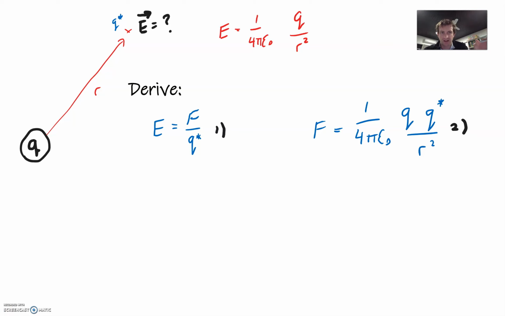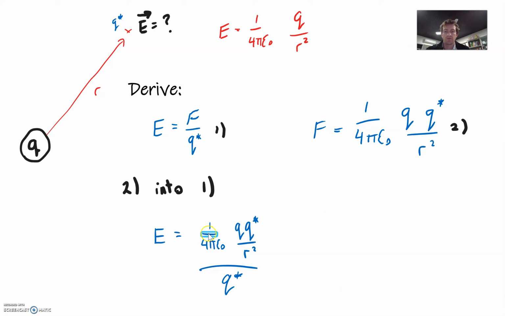I'm inserting number 2 into equation number 1. So I'm going 2, and it's getting put into number 1 there. And then when I do that, I'll get that the electric field strength is equal to 1 over 4 pi E0, alright, there we go, 1 over 4 pi E0 Q over R squared.